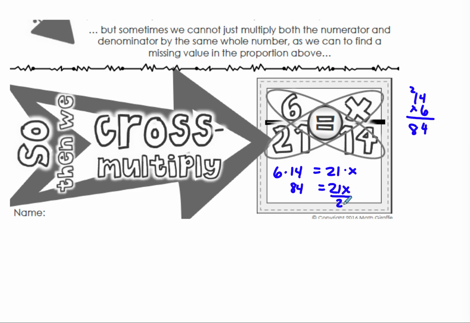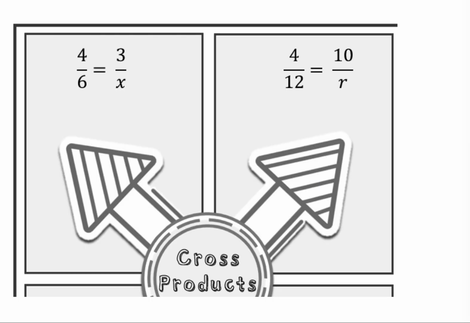And then to get the x by itself, we have to divide by 21. 84 divided by 21 is 4. So that strategy is called cross products. All right, let's try some more cross product problems.